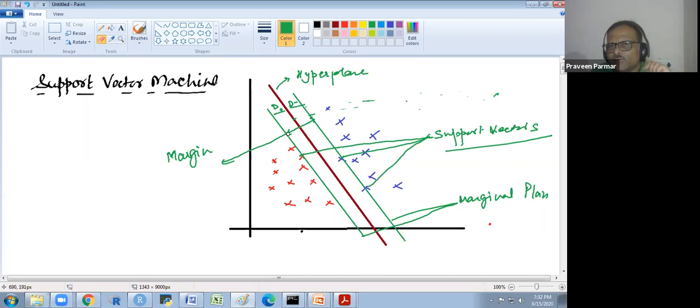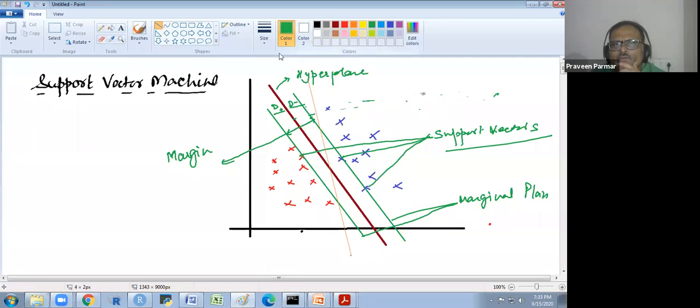So we see the maximum margin should be there, so that hyperplane we have to choose. Suppose I am using this one, then I will get this support vector and this support vector, and I draw that.